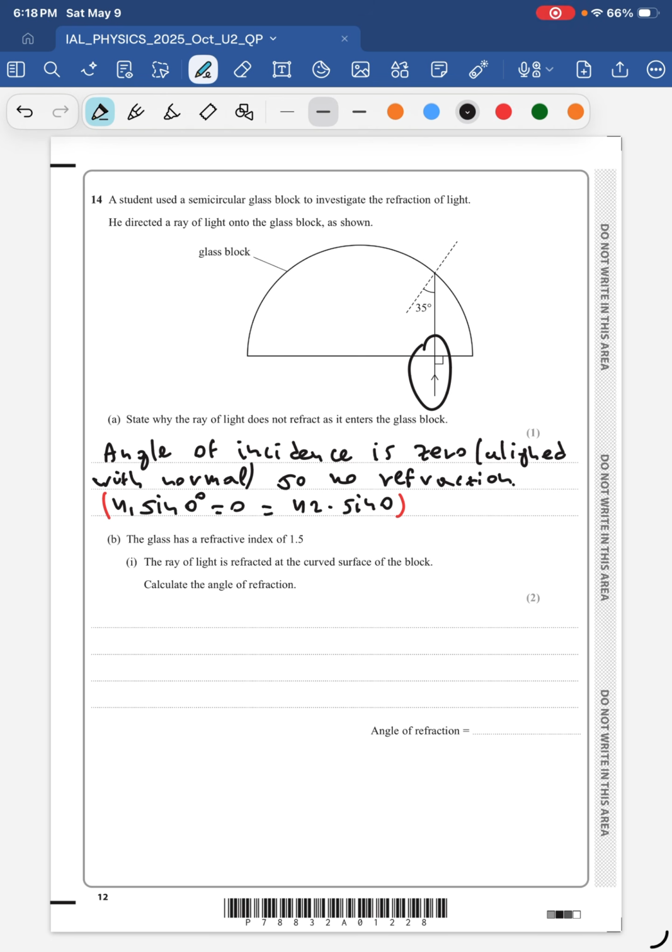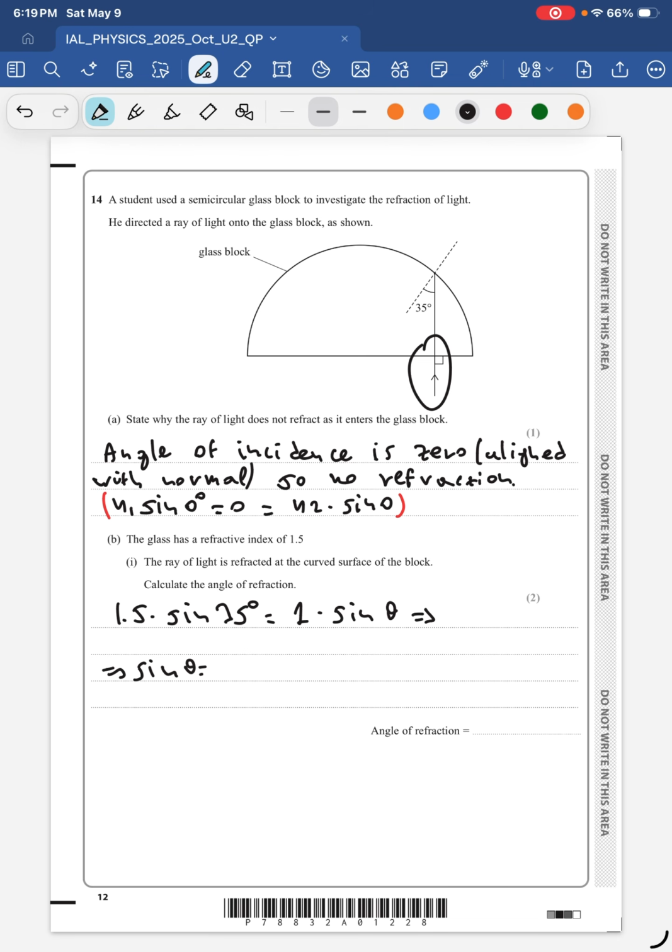B, the glass has a refractive index of 1.5. The ray of light is refracted at the curved surface of the block. Calculate the angle of refraction. Okay, Snell's law: 1.5 times sine of 35 is equal to 1, because that's air, times sine of theta, the one that we're trying to find.